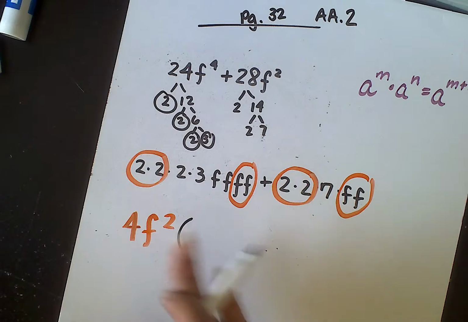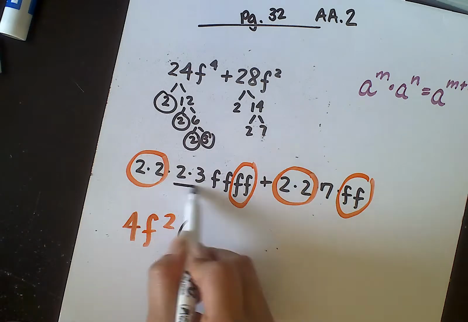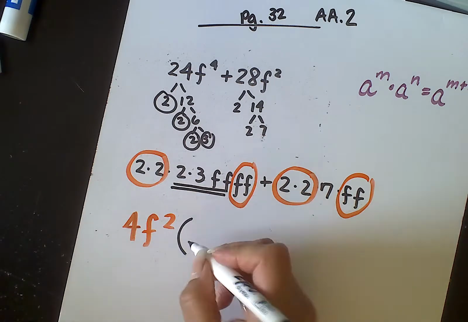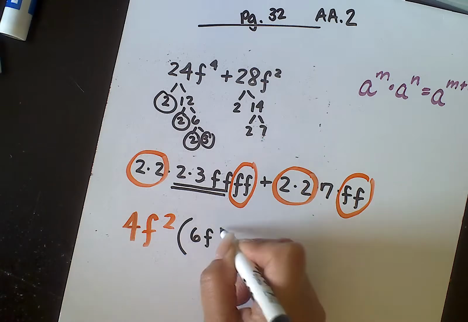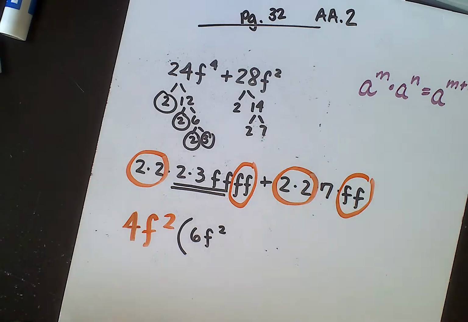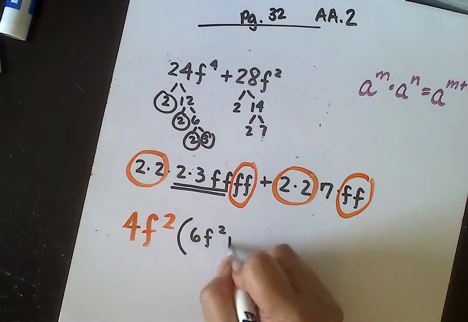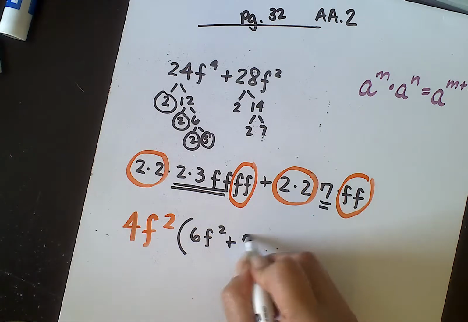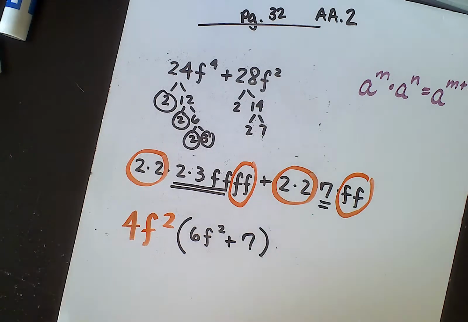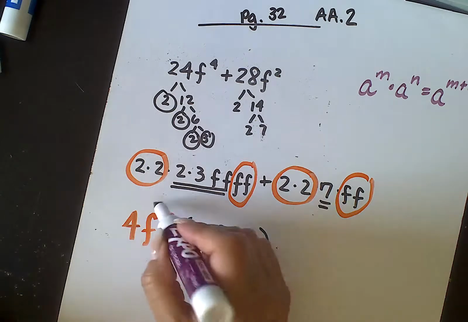And what do I have? Ooh, that's an ugly looking parenthesis, sorry. Remaining would be 6f squared plus 7. Okay, double checking my answer.